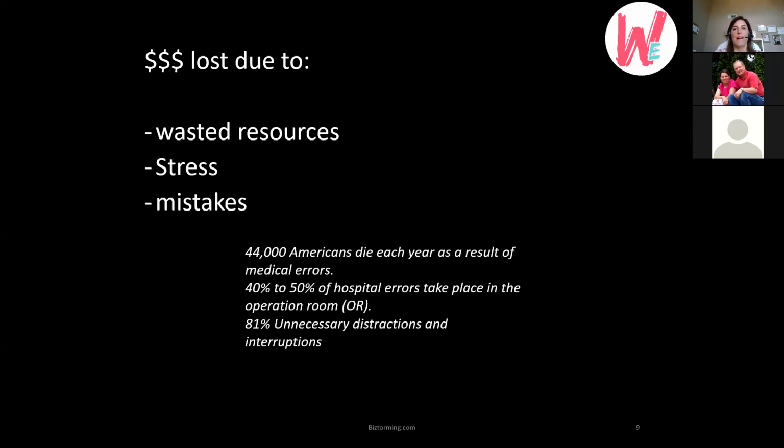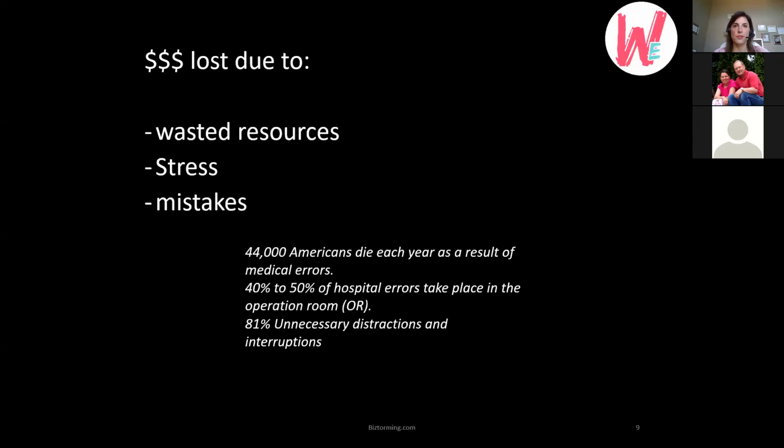But there are two things that we could discuss. One is that operating rooms are not always as clean and as organized. As you can see in these statistics, 81% of the errors that take place in the operating room are due to unnecessary distractions and interruptions. This is basically because they don't have the right tools, so they have to go out of the room to get them, or because whenever they are operating, the tools are not in the right place.